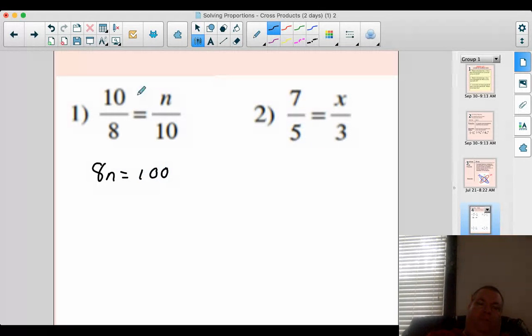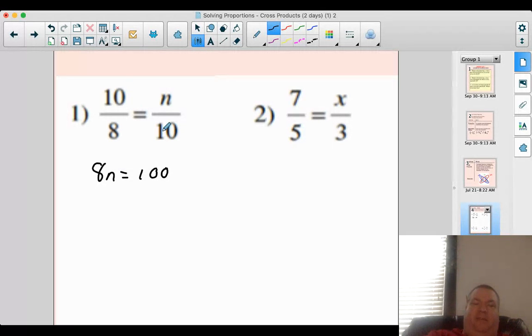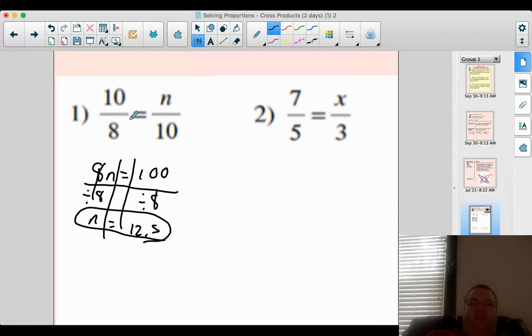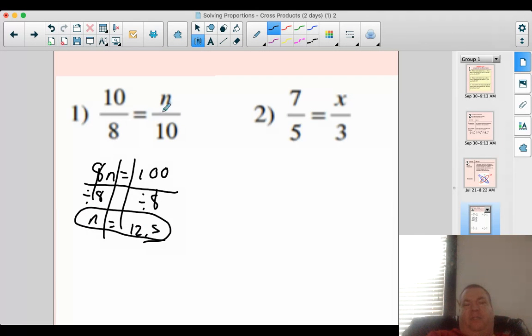So I'm just going to multiply the cross products and set them equal. 8 times n equals 100. From here, this is an equation I can easily solve using my train tracks. n is being multiplied by 8. So I'm going to divide by 8. I get n equals 12.5. So 10 to 8 is an equivalent ratio to 12.5 to 10.